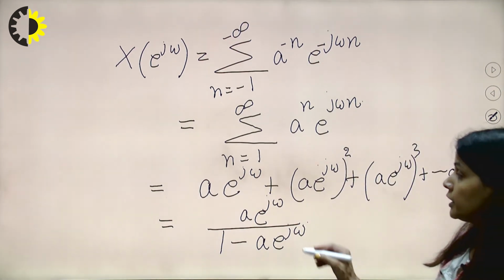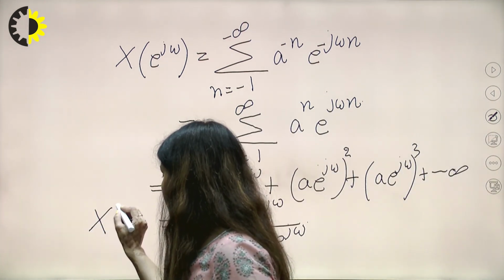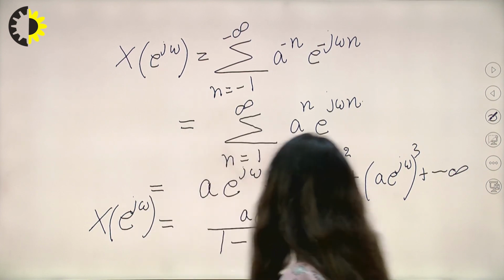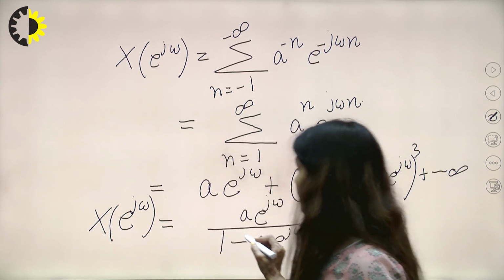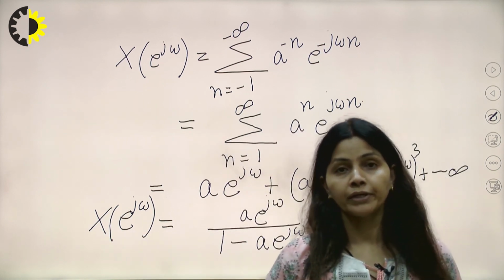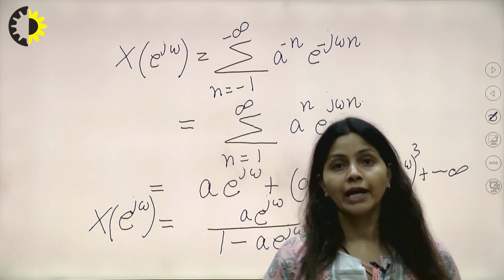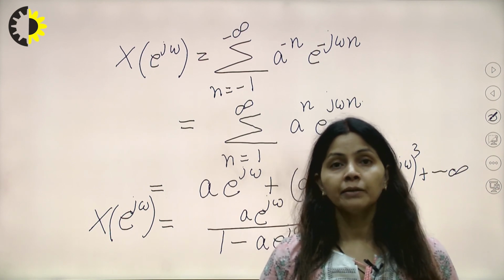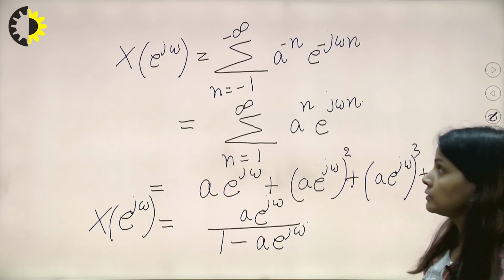So the DTFT can be calculated in this way. This is X(e^{j omega}), and we can calculate the DTFT for the anti-causal sequence. We need to take care of the summation limits especially, so that we can calculate the DTFT correctly. Thank you.